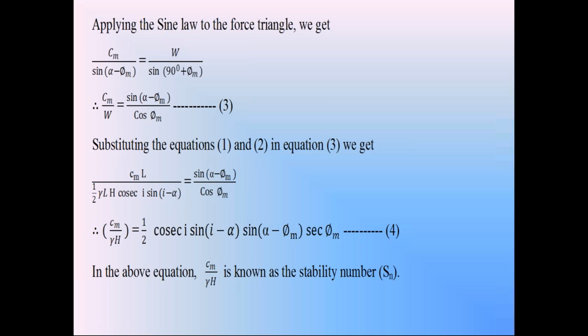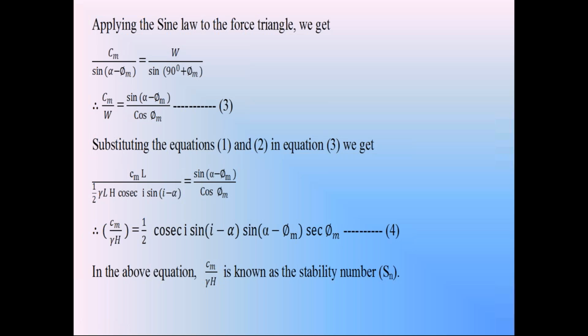Sine 90 plus phi m is cos phi m. Bring this W to the left side and this sine alpha minus phi m to the right side. This equation becomes Cm by W is equal to sine alpha minus phi m by cos phi m.